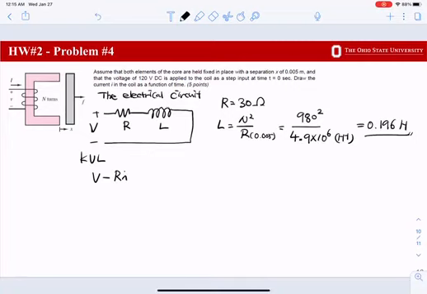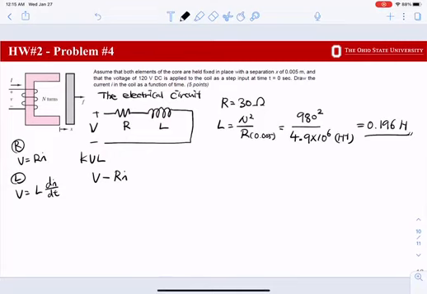From the Kirchhoff voltage law, the equation of this electrical circuit is the voltage minus Ri, because there is the voltage drop here, right? This is the applied input voltage. For the resistance, the voltage is Ri, resistance R times current. And the voltage for the inductance is inductance times di over dt.